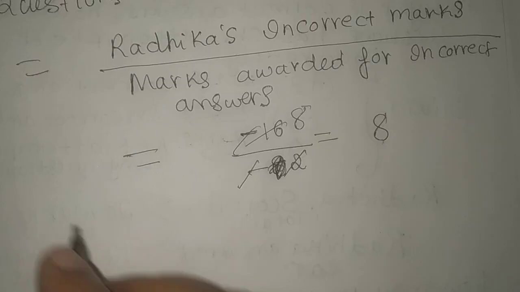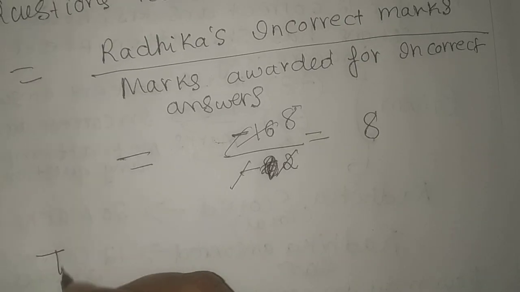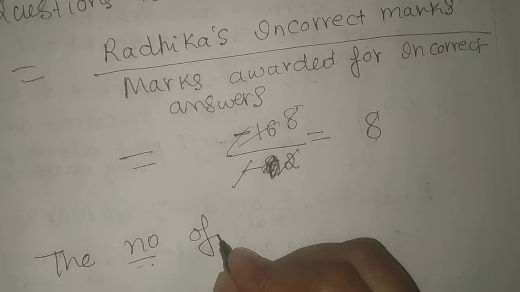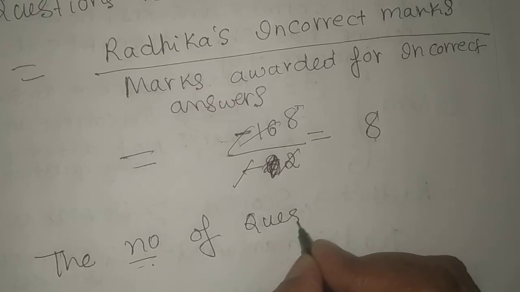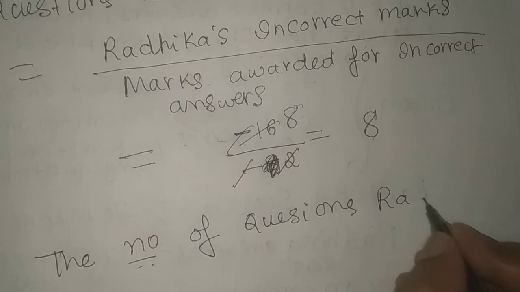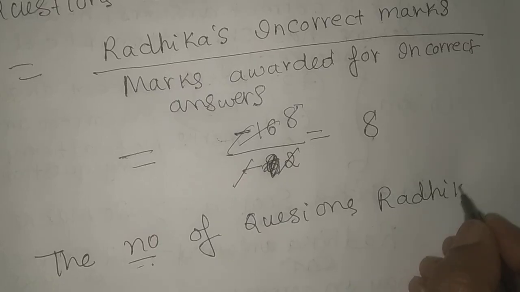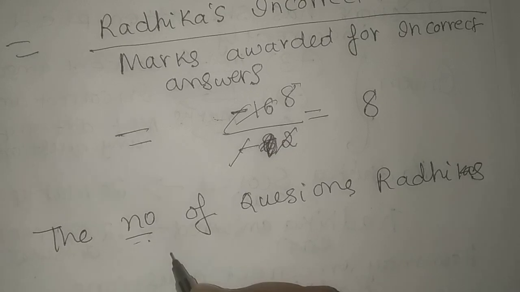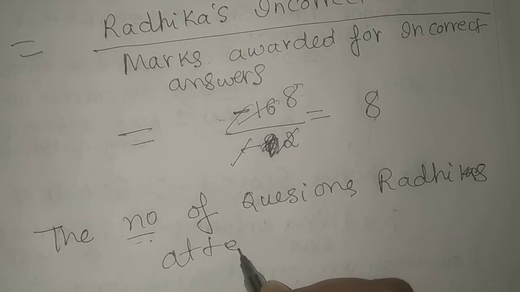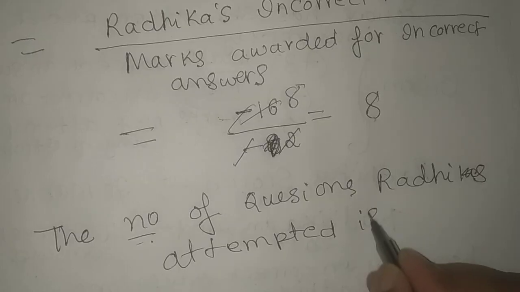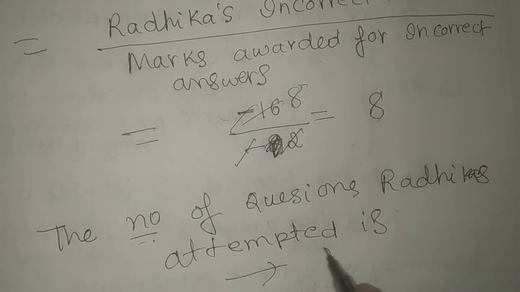Finally, the number of questions Radhika attempted incorrectly is 8.